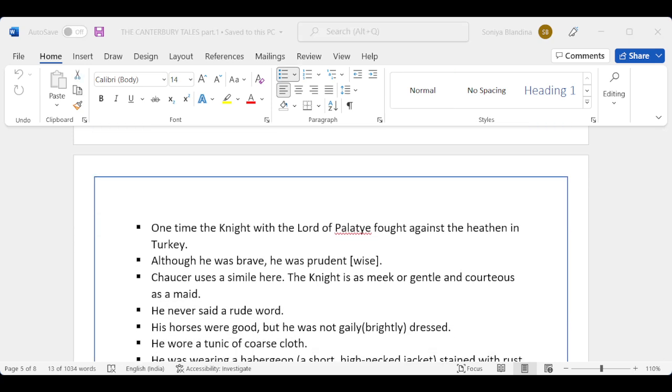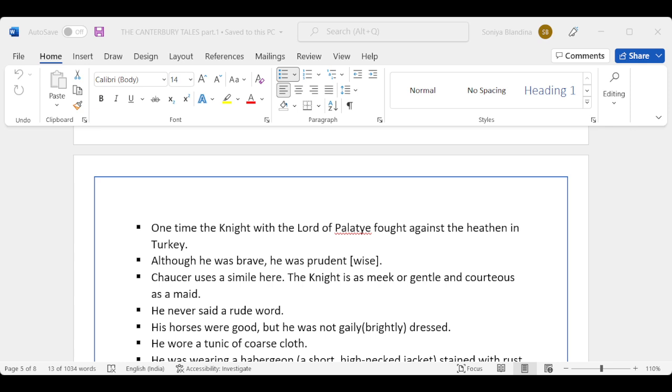Next, one time the knight with the lord of Palatine fought against the heathen in Turkey. So joining hands with the Lord, he fought against the heathen. Heathen means non-believer, where both of them fought in Turkey.